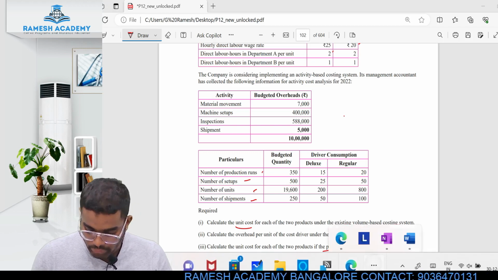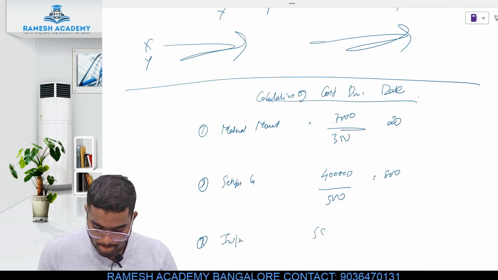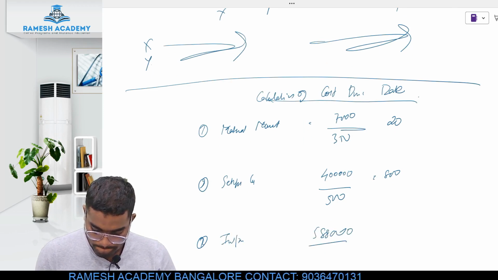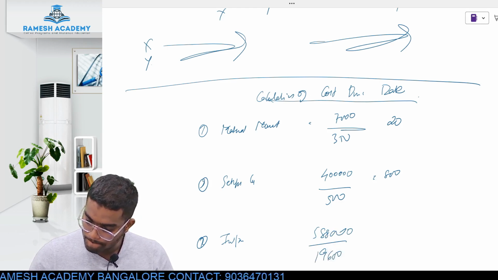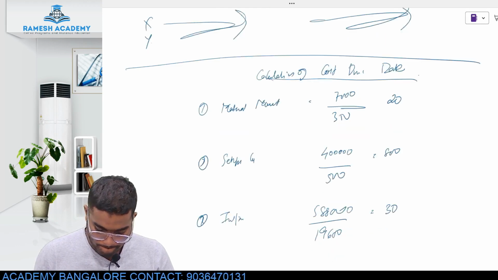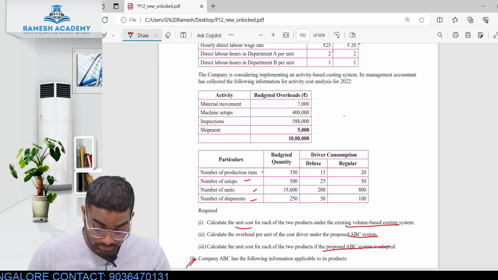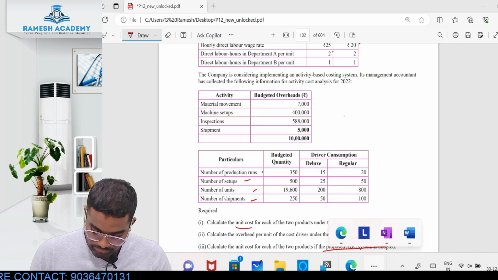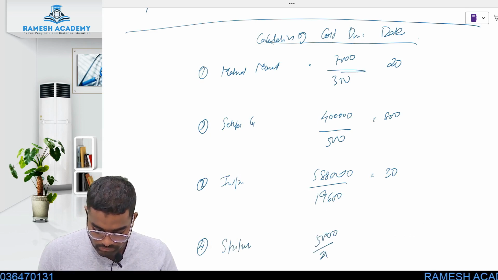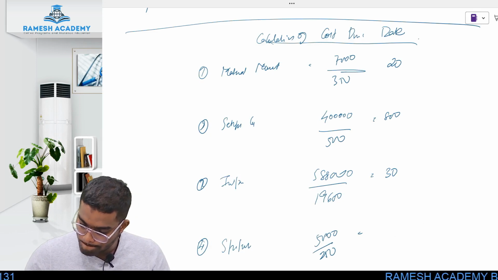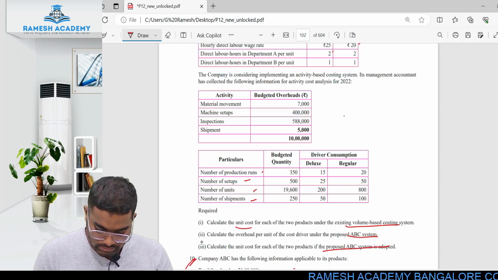Inspection is 5 lakh 80 divided by 19600. Next we have shipments. 5000 divided by 250, it is 20. So we have answered the second part of the question.